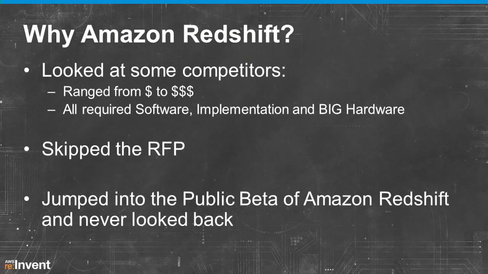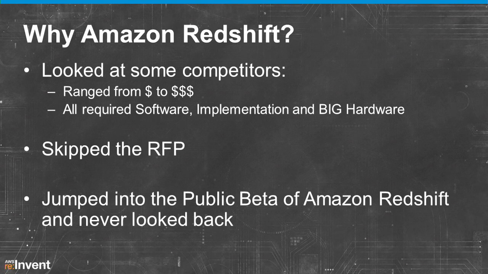So we looked at a bunch of competitors when we were trying to decide on who we were going to choose. And I didn't want to name names, but we definitely saw a huge difference in price when you start talking about Redshift versus the other people in the marketplace.